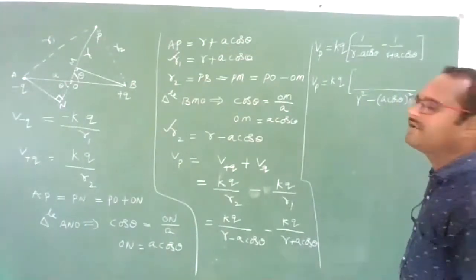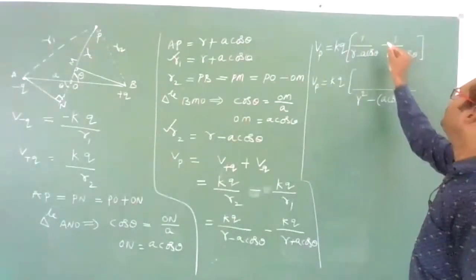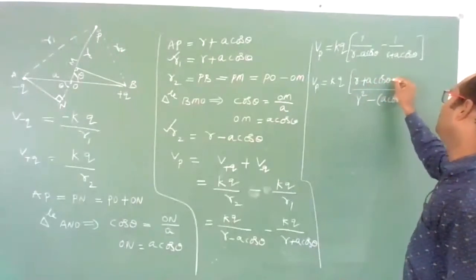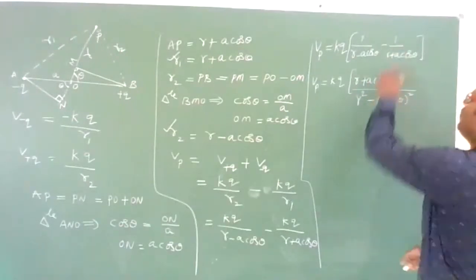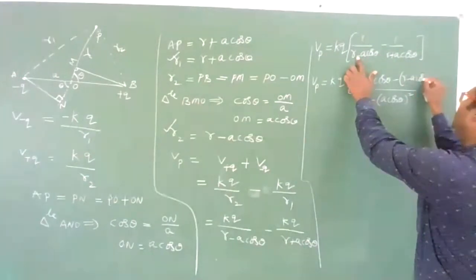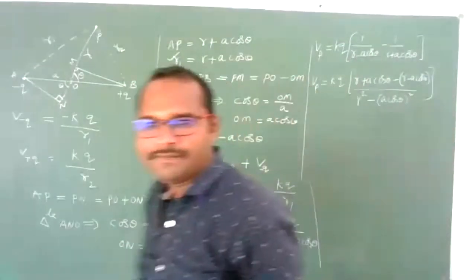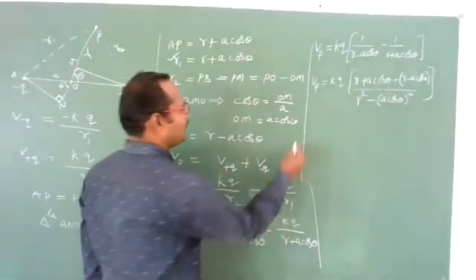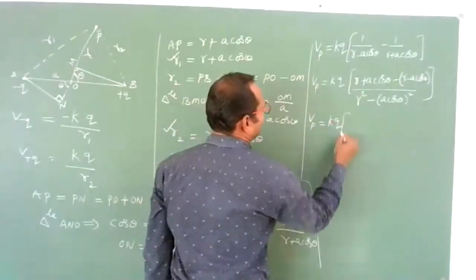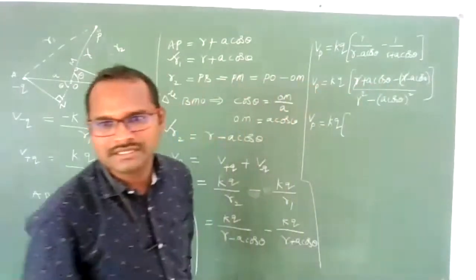Now after taking LCM, cross multiply these two. 1 into R plus A cos theta, minus, 1 into R minus A cos theta. Clear? Okay.